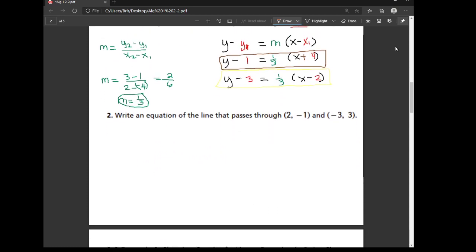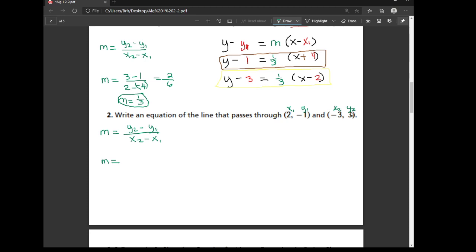Let's do one more example just to make sure that we understand how to do this. In point-slope form, the first thing we need is the slope. They give us 2 ordered pairs, and we are going to use our slope equation to find it. I'm just going to pick a point, call it x1, y1, pick the second point, call it x2, y2, and plug it into the equation.